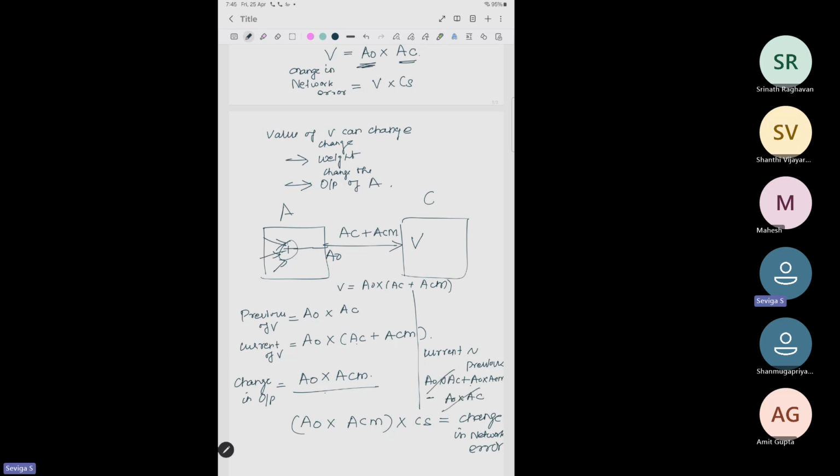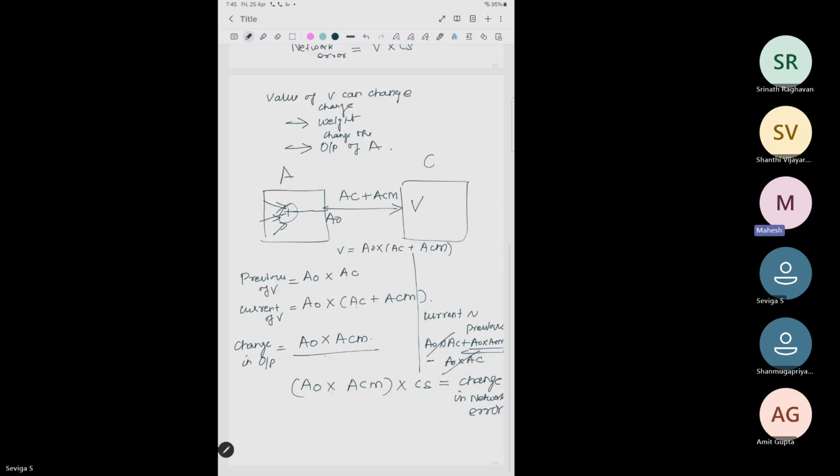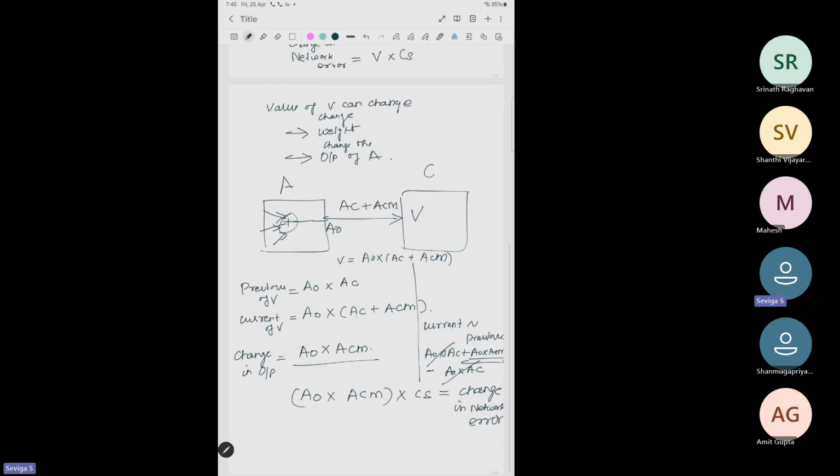So this will subtract and we will get only this one. This is the change in the outcome. Change in the outcome into the neuron delta is nothing but the change in the network error. So A naught into ACM into C delta will give you the change in the network error.